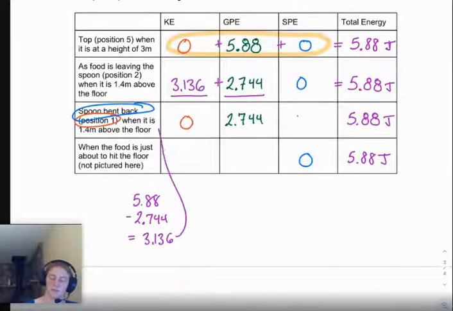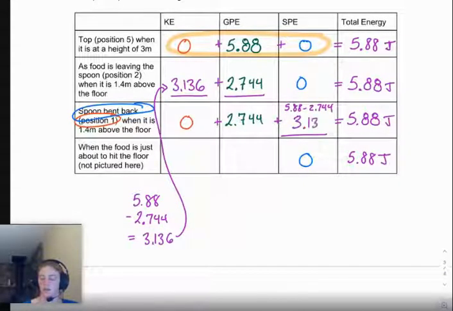So this will go right there. I can also figure out my spring potential energy here because I know that 0 plus 2.744 plus something needs to equal 5.88. And so I can do 5.88 minus 2.744 and I get 3.136.